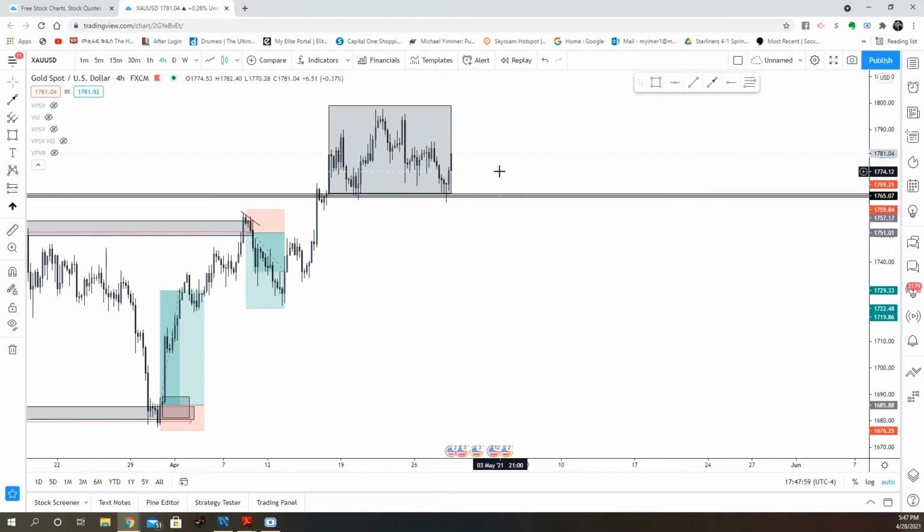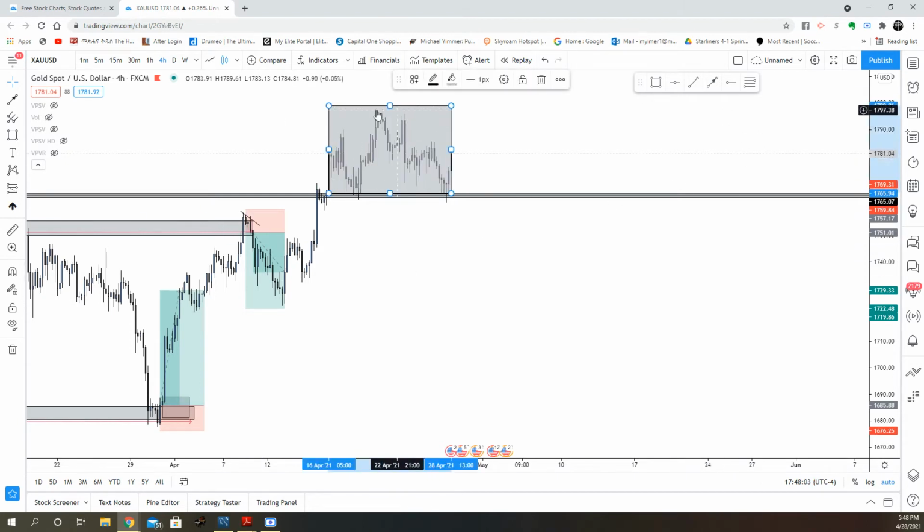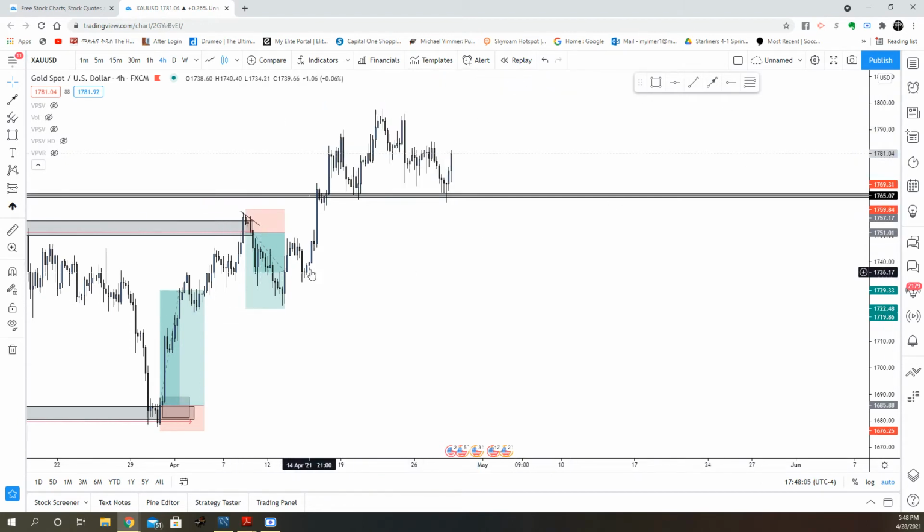This one's this area. Okay, so what do we have right here? We have a very strong push to the upside, right? So price is making higher highs, higher lows, higher highs, higher lows, right? It's forming an uptrend. So we already know this is an uptrend, right?